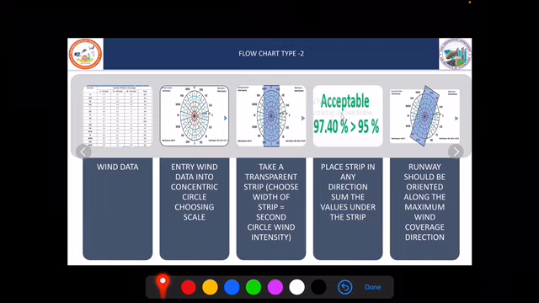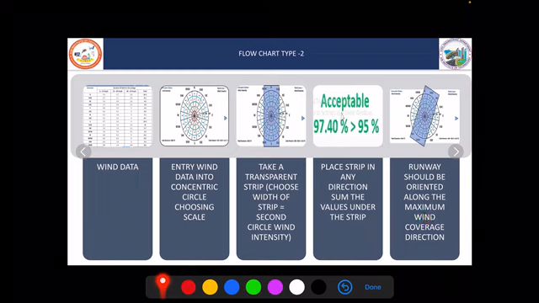Directions where the wind coverage is less than 95% are not desirable. Consider those directions where the wind coverage is greater than 95%, and the direction in which we get the maximum wind coverage will be best suited for locating the runway.